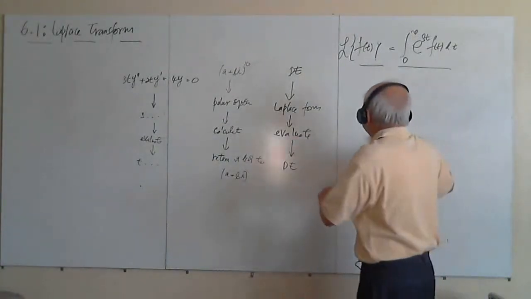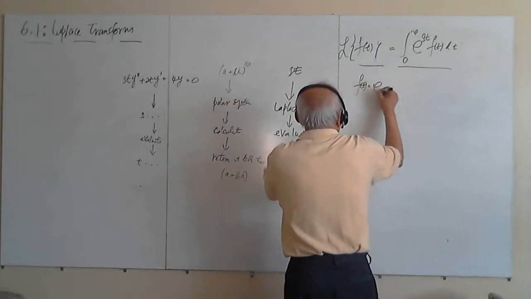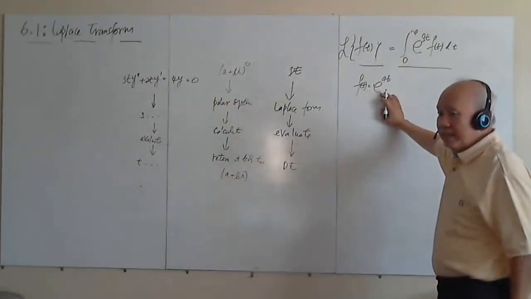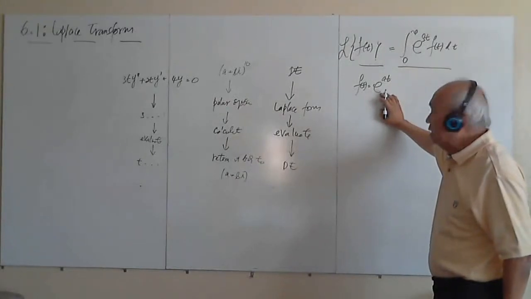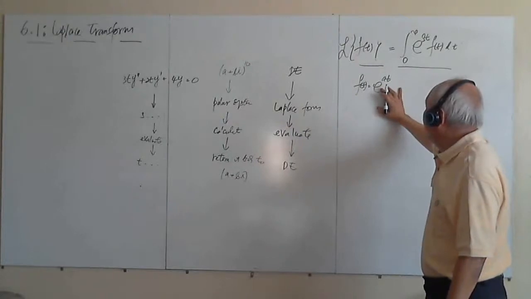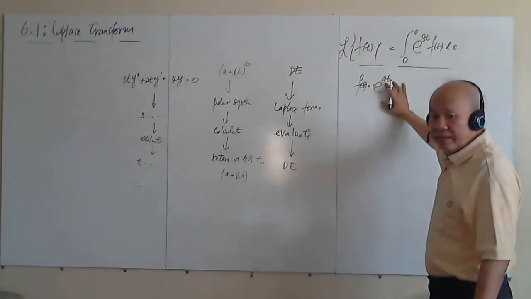So what is the first one? The first one is this one. Let's say you have f of t equal to e to the at, so this is an exponential function, where the base is e and the power is at. What is a? a is just any number, right?